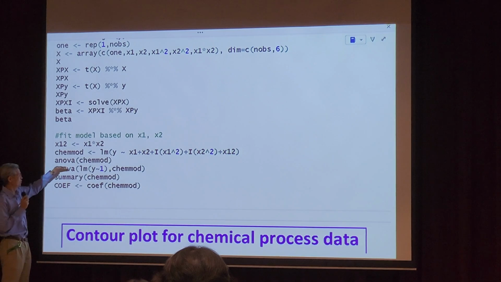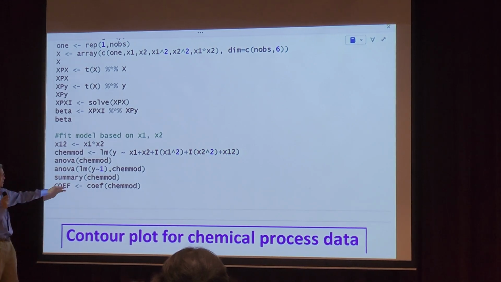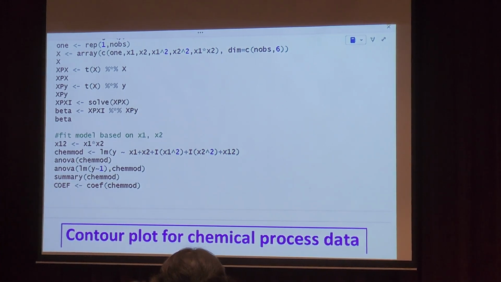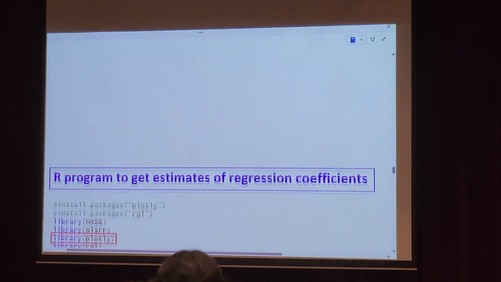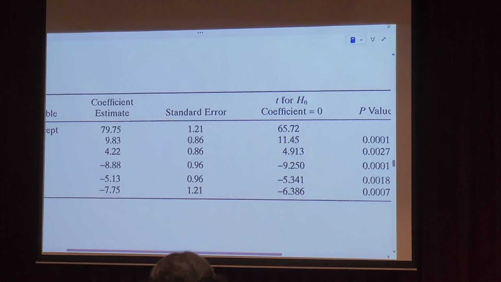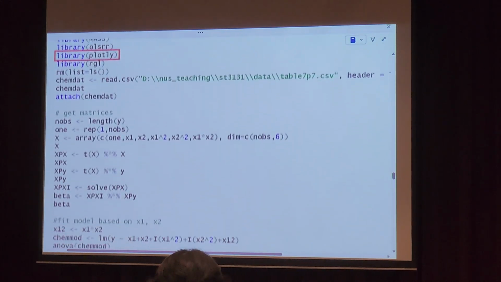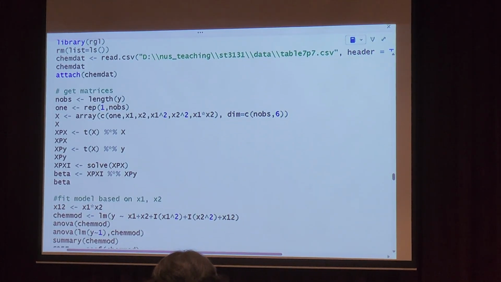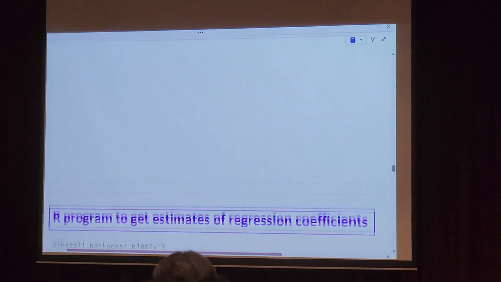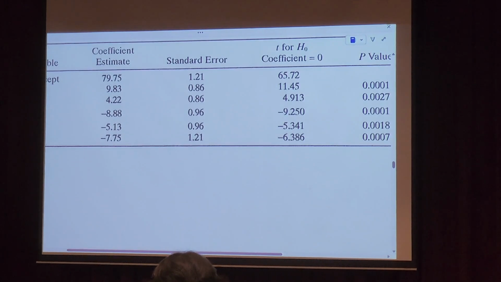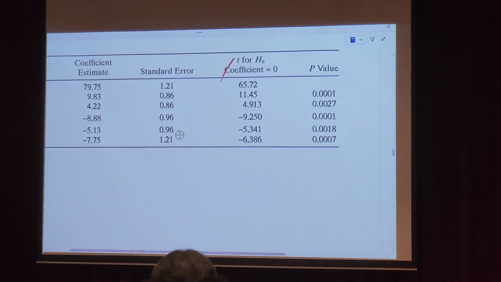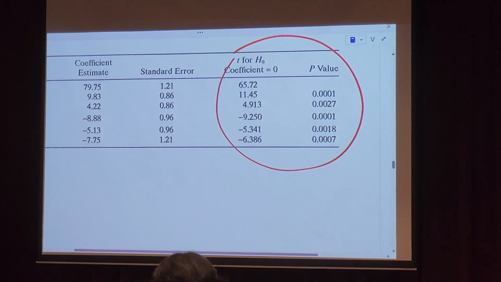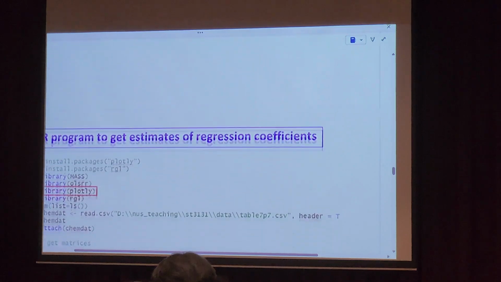So this will test the overall model, and then the coefficients. To get this table, that's what you need to do. First of all, test the overall model, see whether the overall model is significant or not. I'm sure it is here. Then you test for individual ones, right here. Test for individual, it's also significant.